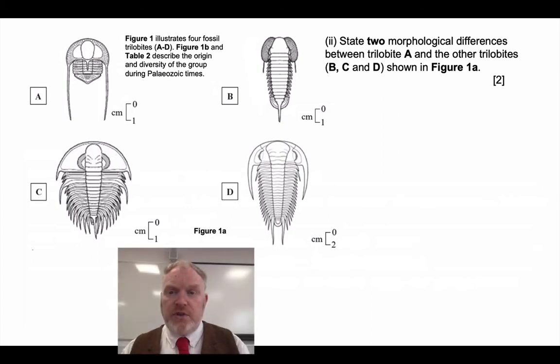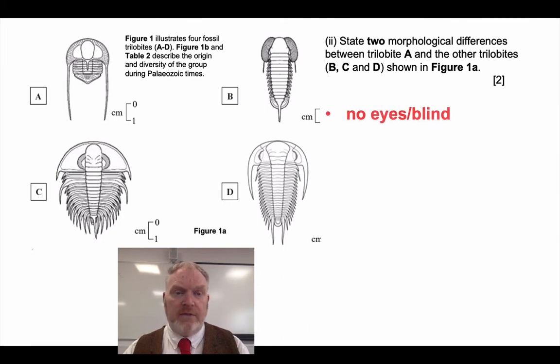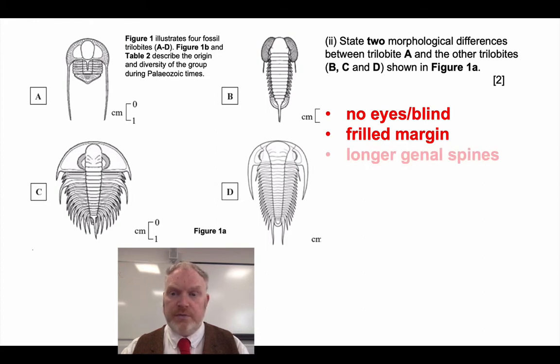If we then look for some morphological differences between A and the other three trilobites, we could be looking for the fact that A is blind, while B, C, and D all have eyes. This frill margin around the cephalon that A has that the others don't.